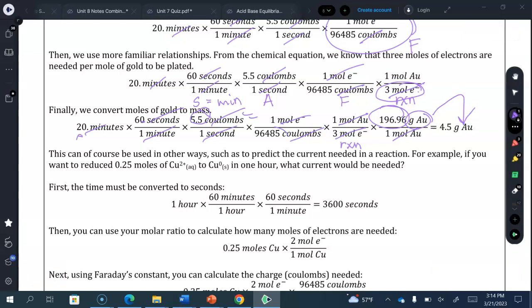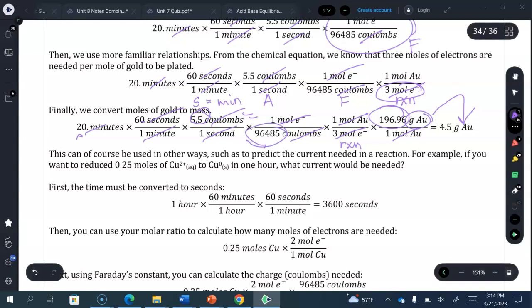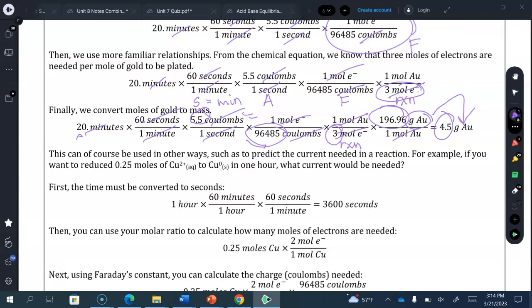Then times 196.96, then divided by Faraday's constant, and divide by 3 because it's in the denominator. Make sure you're hitting that division. It's 2 sig figs because we were given 20 minutes and 5.5 amps, and so you end up with 4.5 grams of gold.